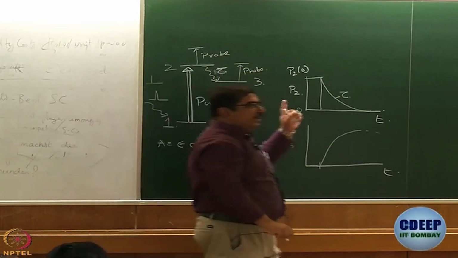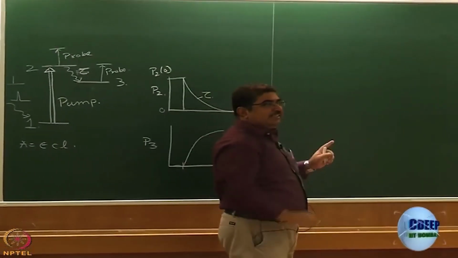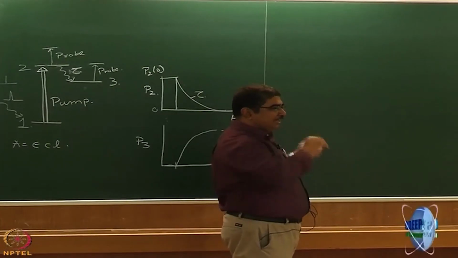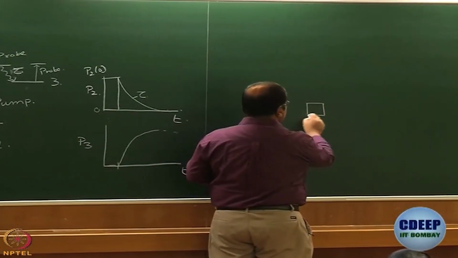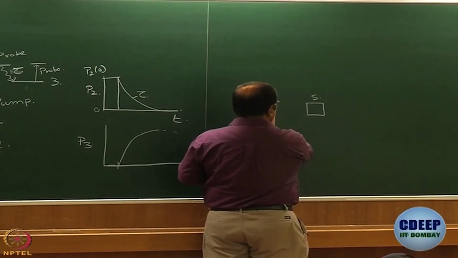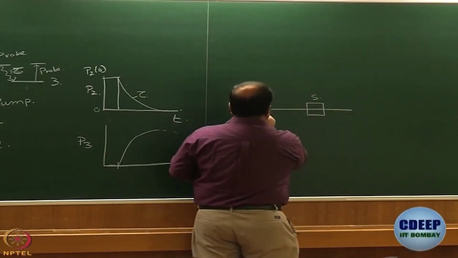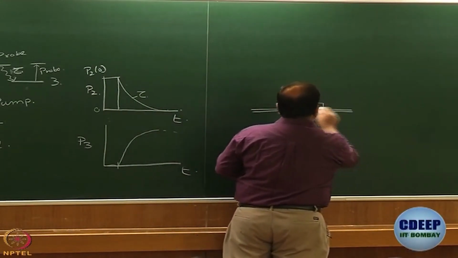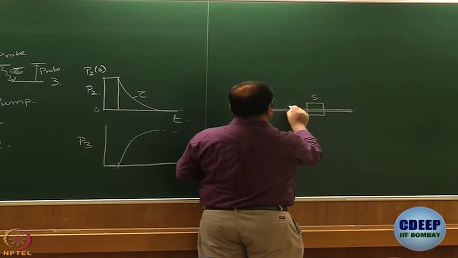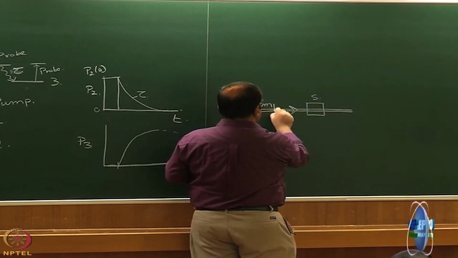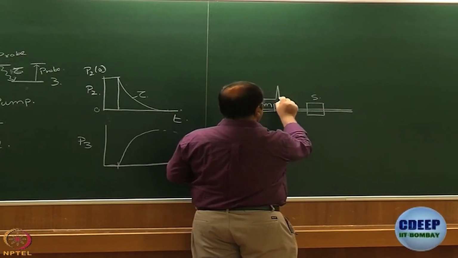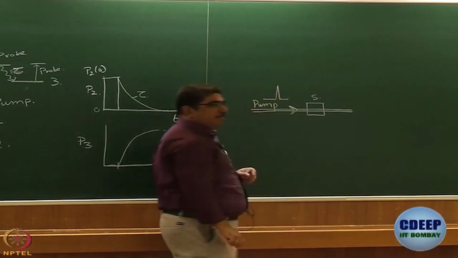Let me draw the experimental schematic in the simplest possible manner, and let's see if you understand what I am trying to say. Let us say here is your sample. This is the pump beam. An intense laser pulse.